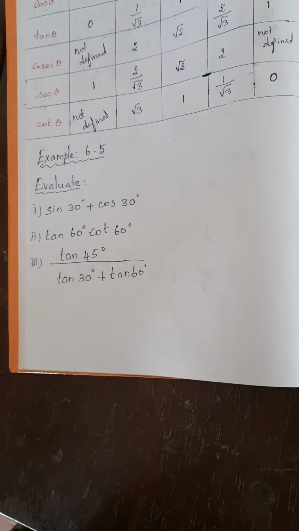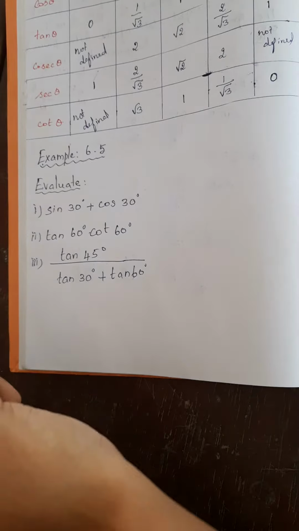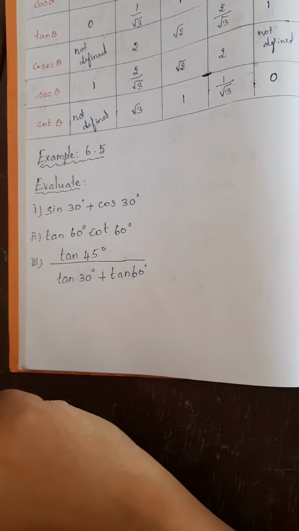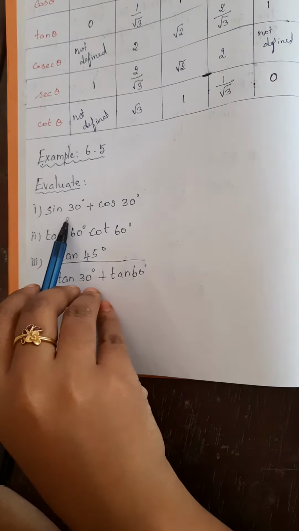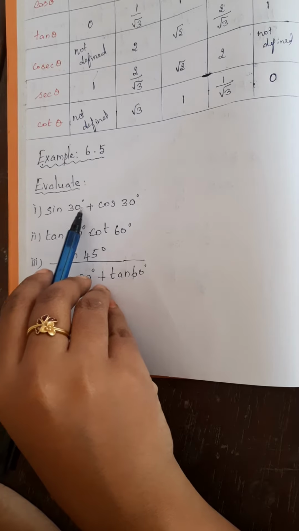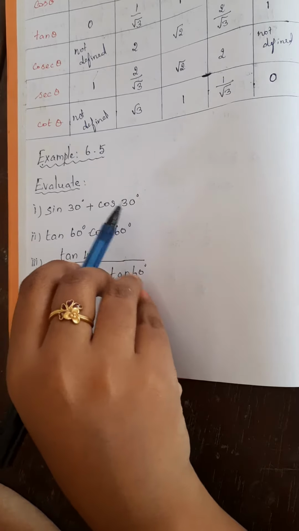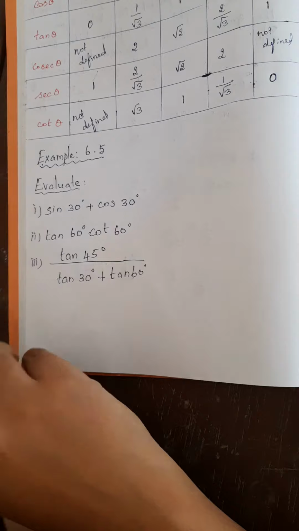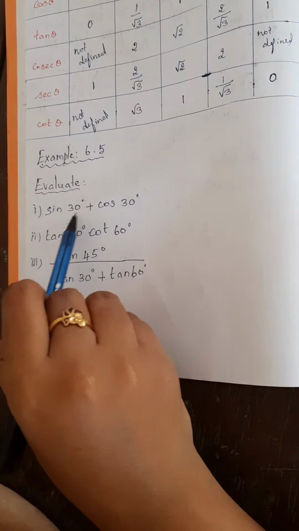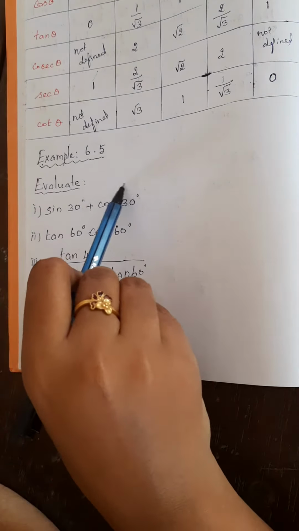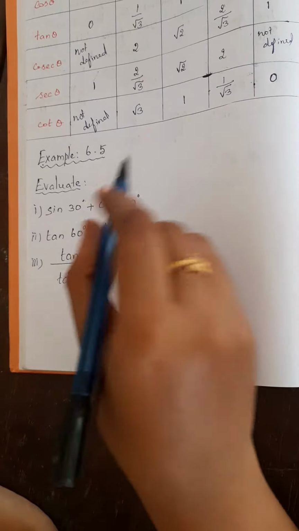Copy the tabular column in your note and write down the next example 6.5. Example 6.5, evaluate. First problem is sin 30 degree plus cos 30 degree. How can you apply it? If you know the sin 30 degree value and the cos 30 degree value, you can apply it.